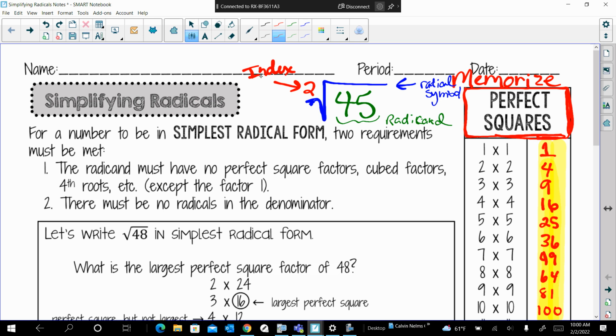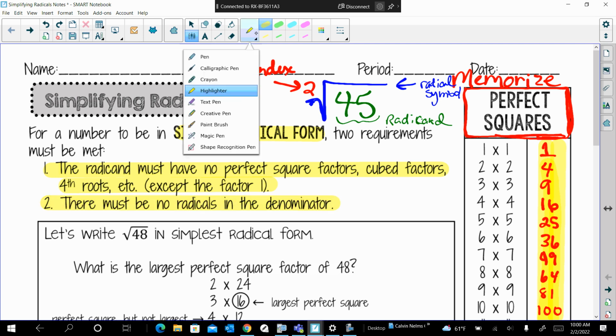So in order to simplify radicals, because we're going to put answers in simplified radical form, there's 2 things that must be met. First, the radicand must have no perfect square factors, cube factors, or fourth root factors, etc. And there must be no radicals in the denominator.